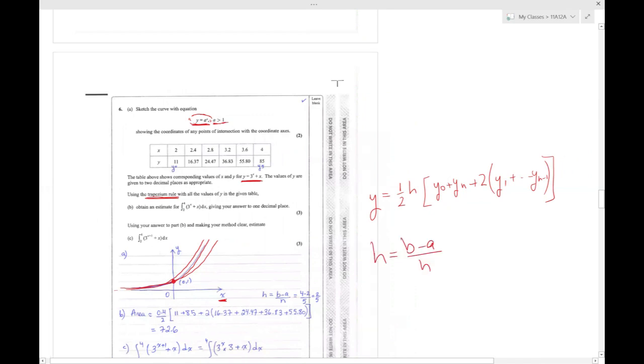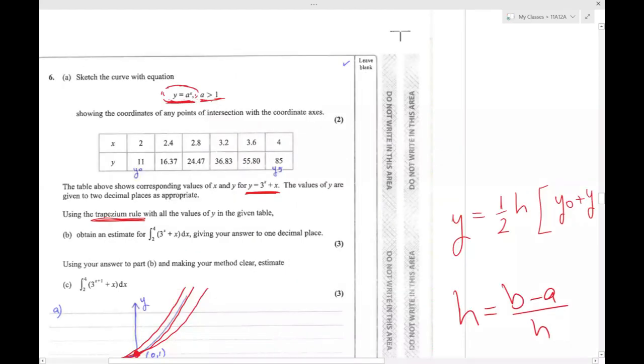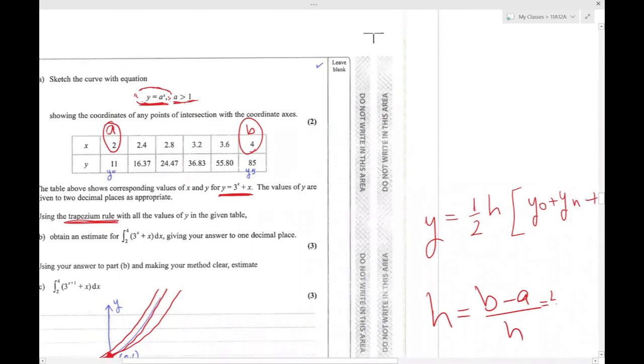So let us start defining. This is a, which is the value of x. This is b, which is also the value of x. a is the first value in the table, b is the last value in the table. So we write it as 4 minus 2 over n, where n is the number of strips.